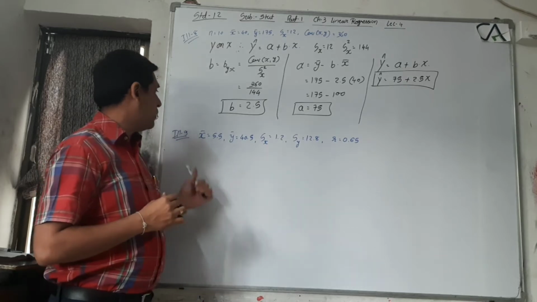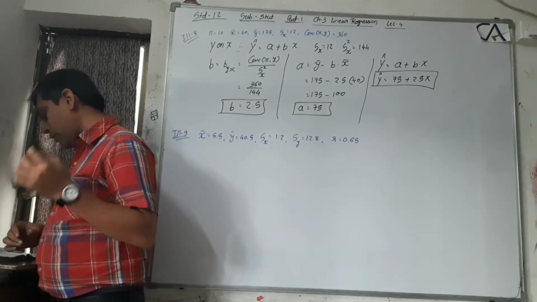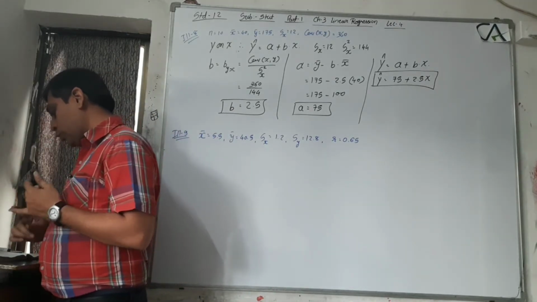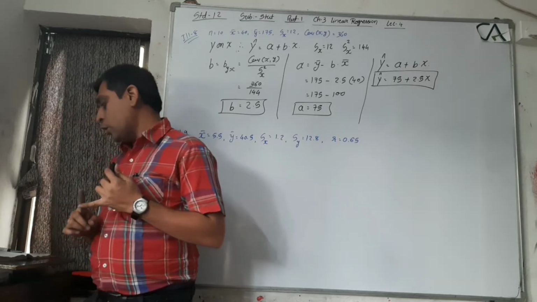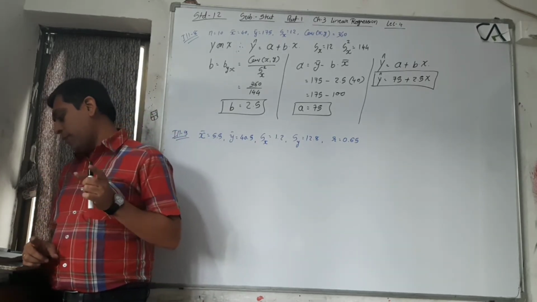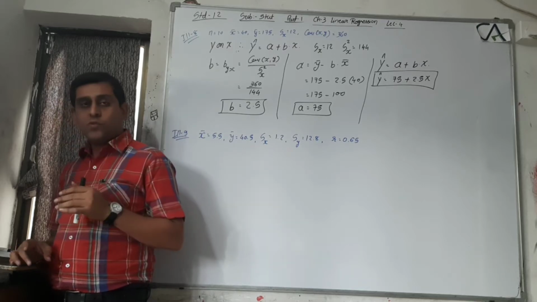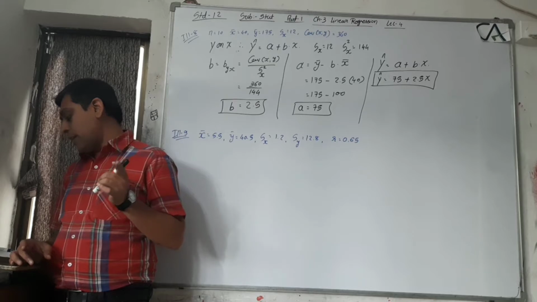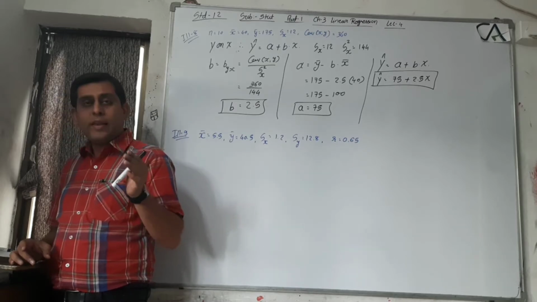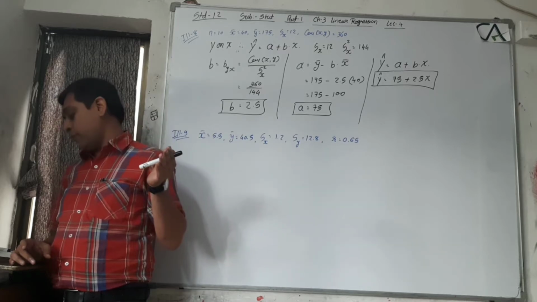Then we move forward to illustration number 9. First of all, read the question. To study the relation between two variables, yearly income X of a family and their yearly investment Y in mutual funds. What is your X? That is the income of your family. And what is your Y? That is investment. Right?